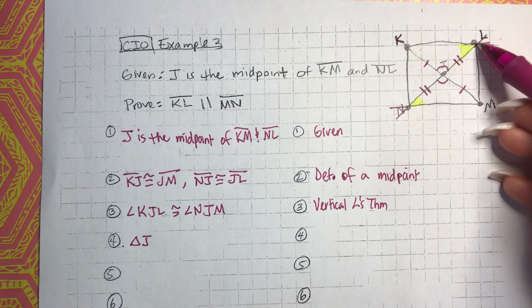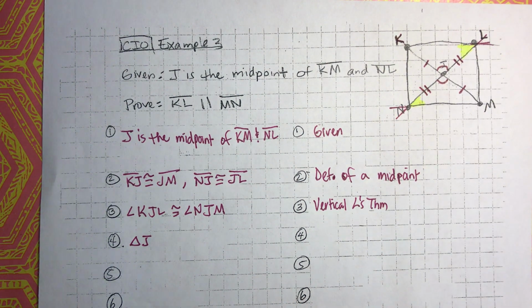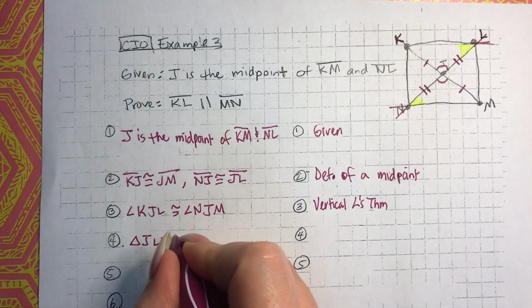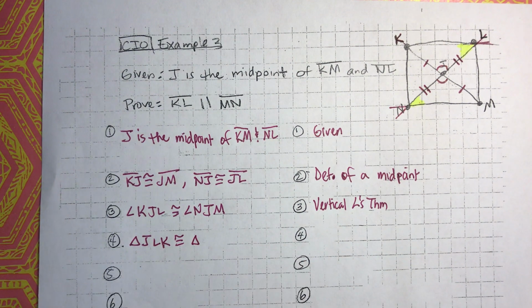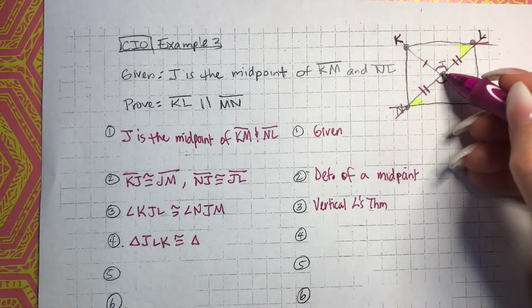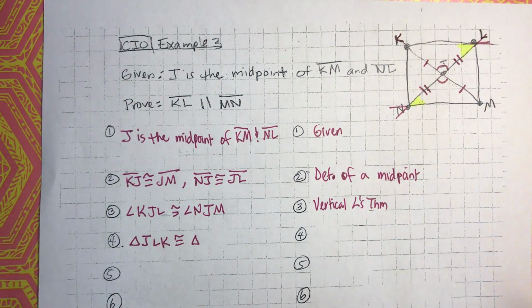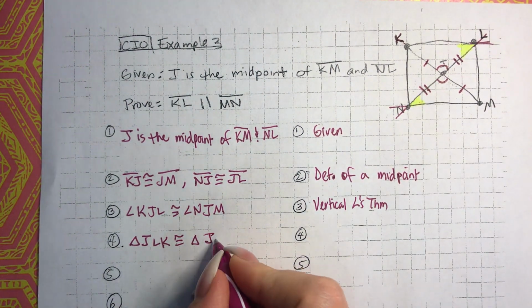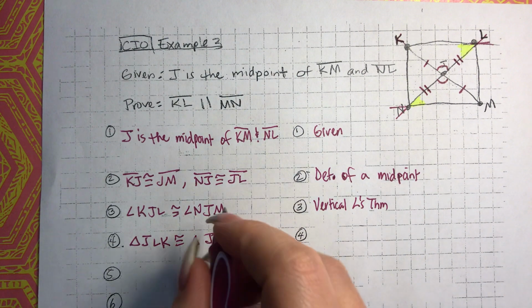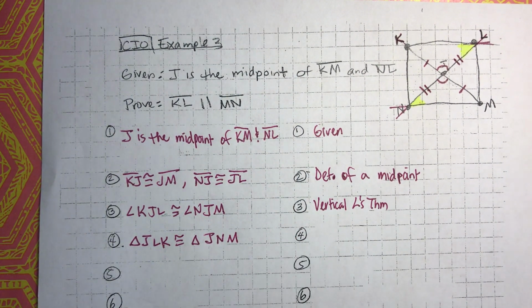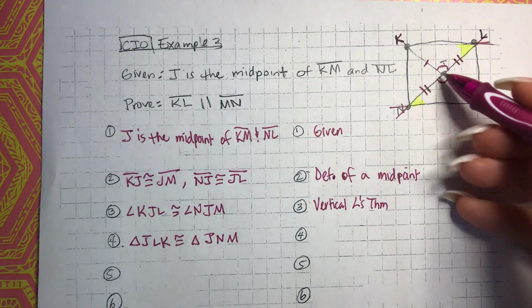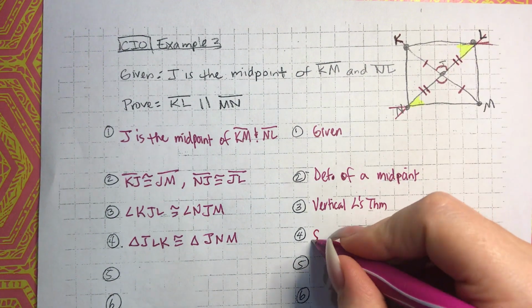So it's going to be triangle JLK is congruent to triangle J, and then I'm going to go in the direction of the 2, which would be to N. So JNM. What would that be? That would be side angle side. Those are congruent because of side angle side.